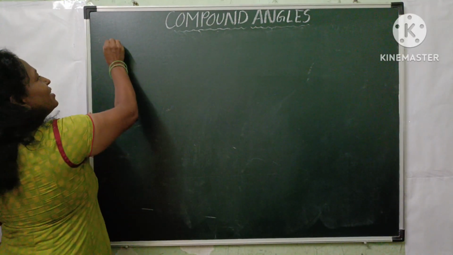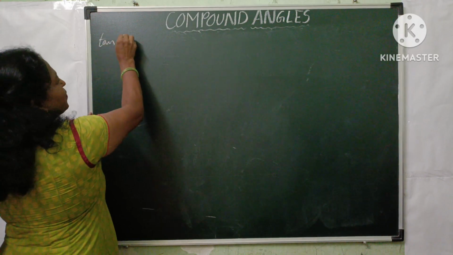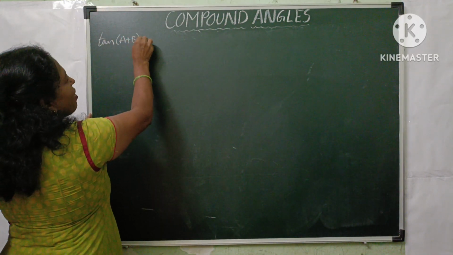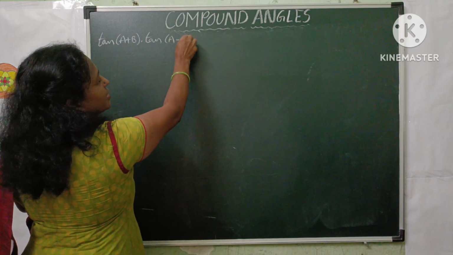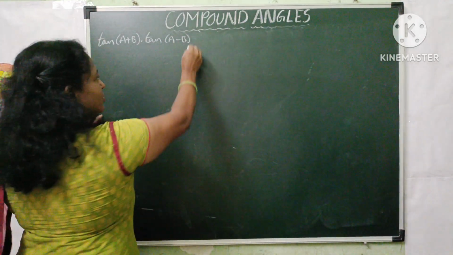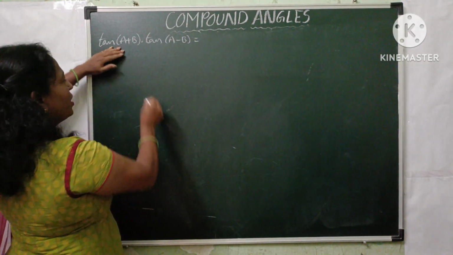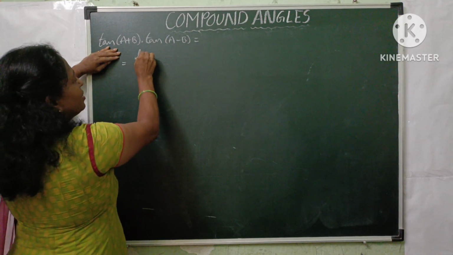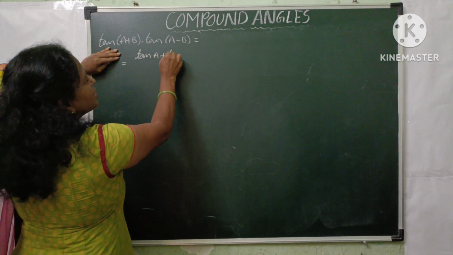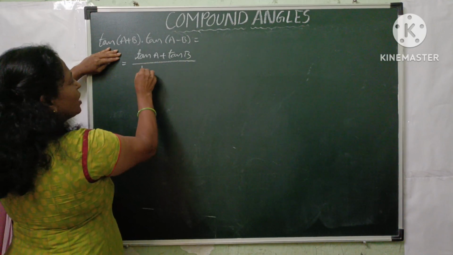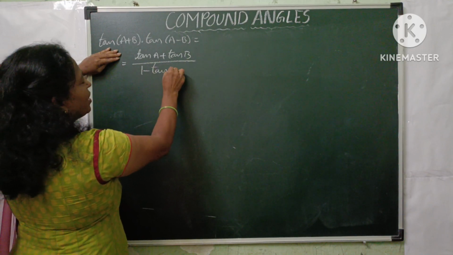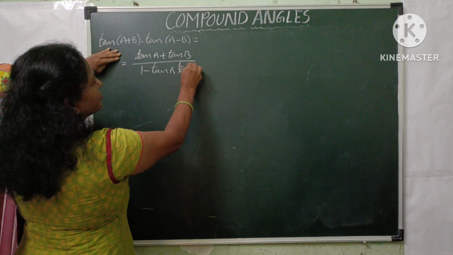Next one, tan(a+b) into tan(a-b). Same condition applicable here also. What is the tan(a+b) formula? Tan a plus tan b by 1 minus tan a tan b.